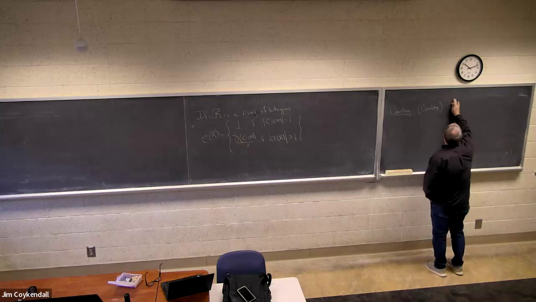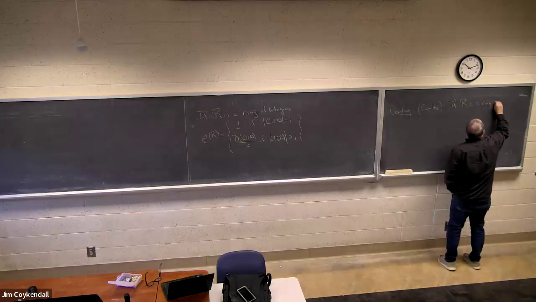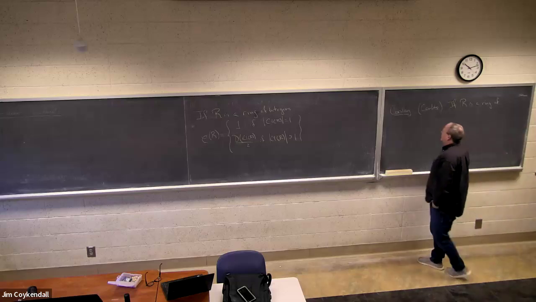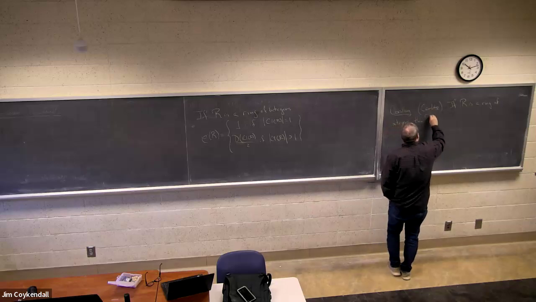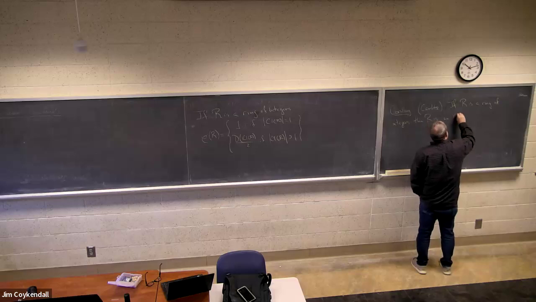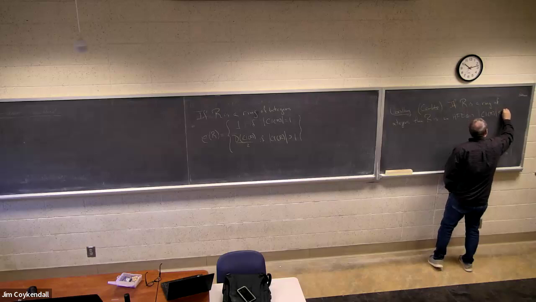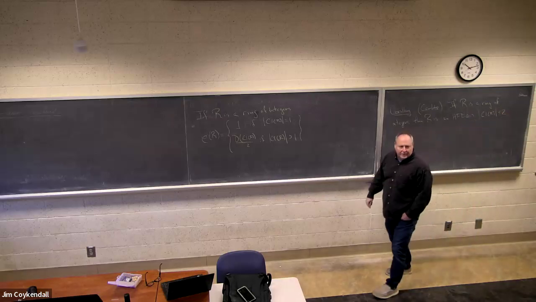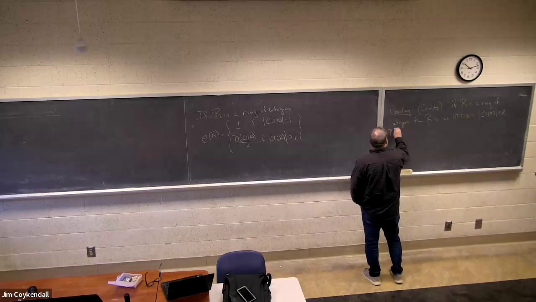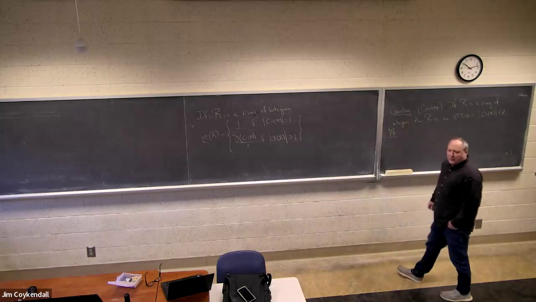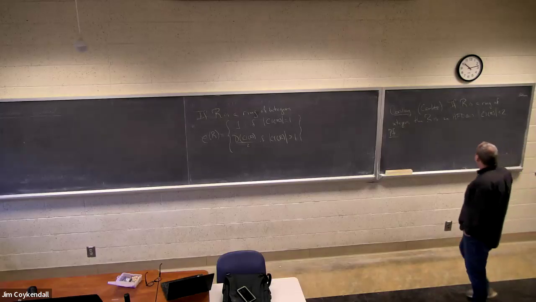If R is a ring of integers, then R is an HFD if and only if... this is a direct corollary. So you can use this theorem here, the Valenza Narkiewicz theorem, to do the heavy lifting for you.